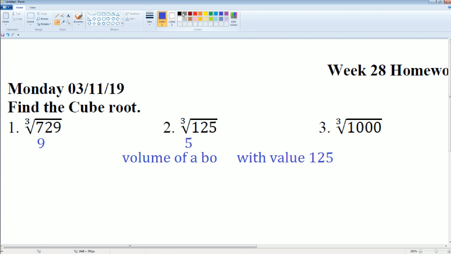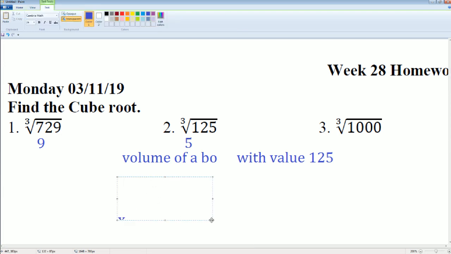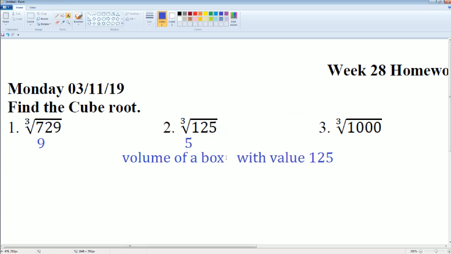If we had a box with the volume of 125, the side would be 5. That's what it represents.